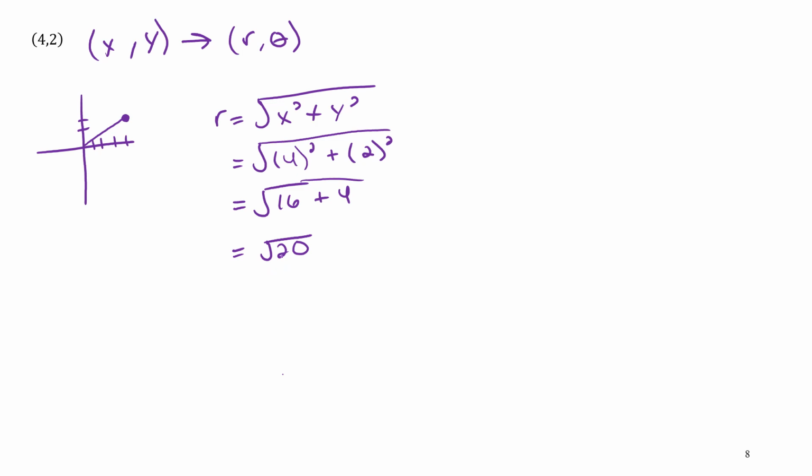But you can reduce this square root, because it can also be written as the square root of 4 times 5, and we can get this 4 out to a 2. So you could write it as 2 square root 5, which equals the r.